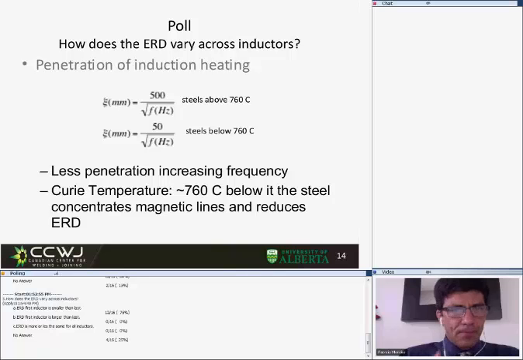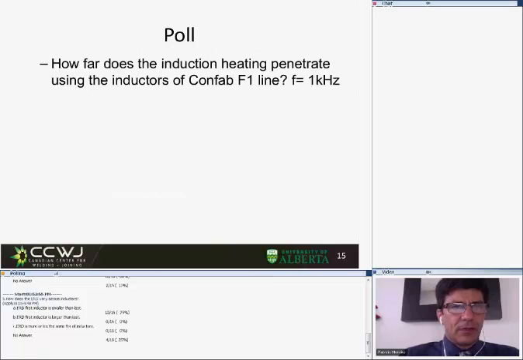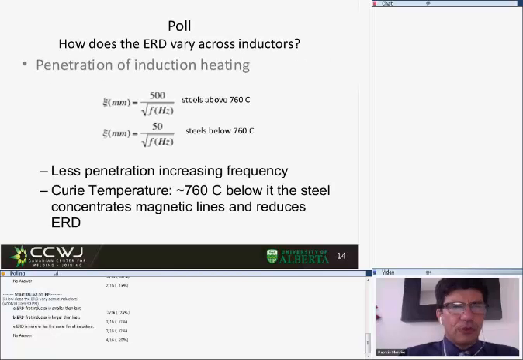And that's very important because what this means is that during the first inductor, the outer surface is going to be a lot hotter than the inside, and we have to live with this.